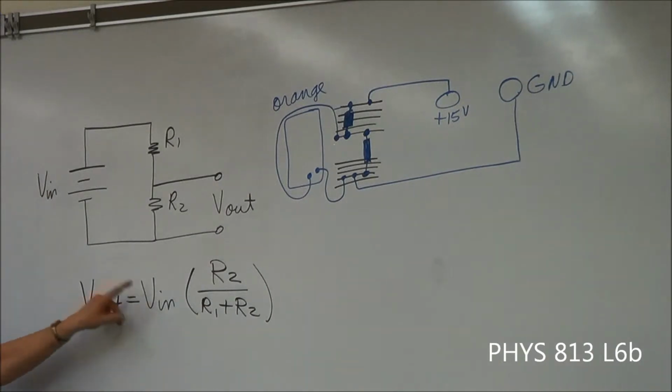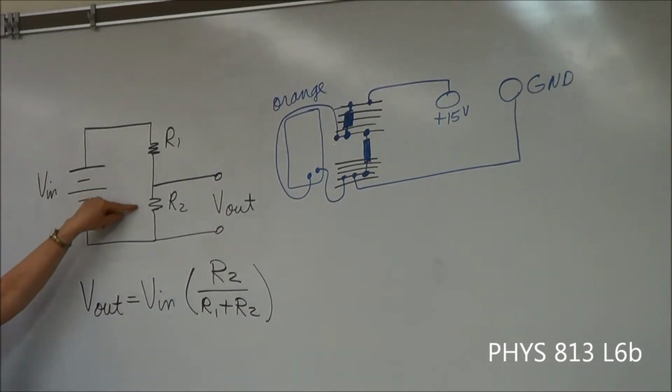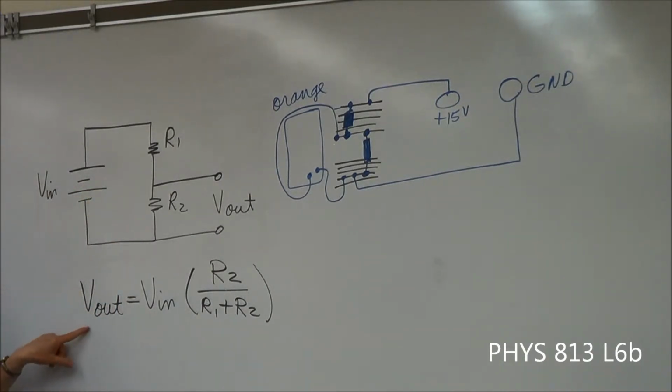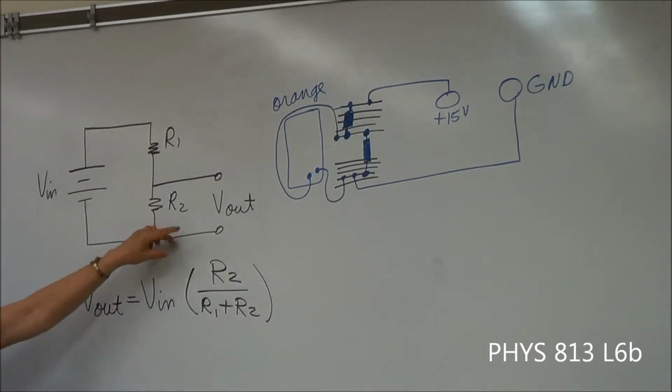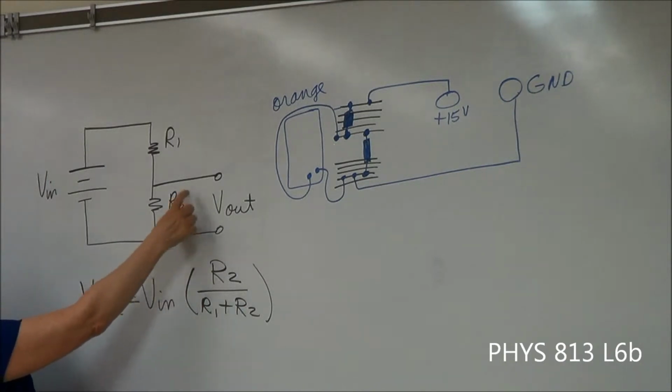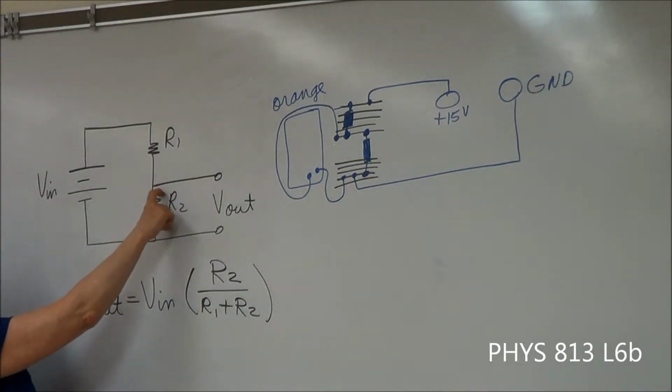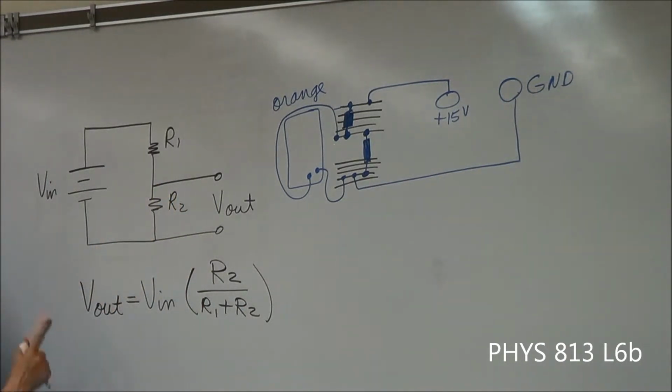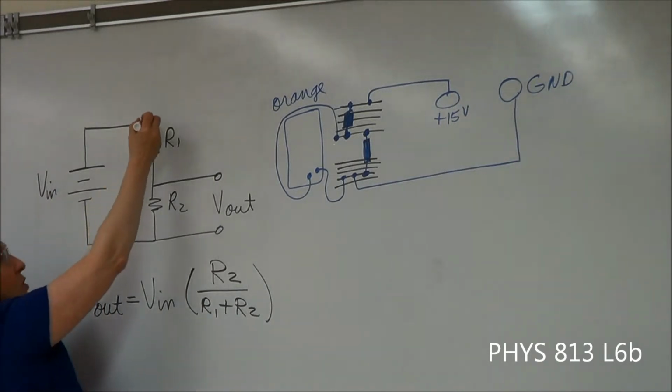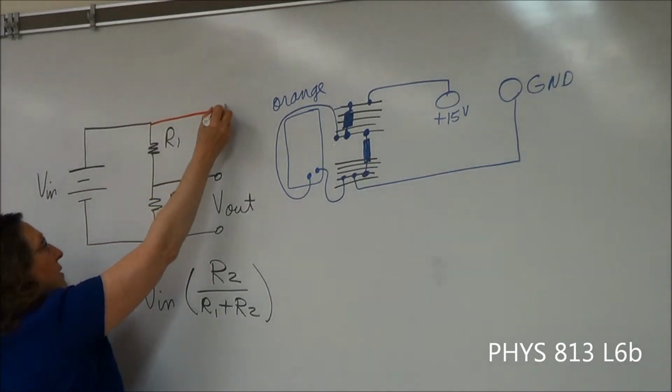So if you have a voltage here and then you know your two resistors, then you can calculate what you should get for voltage out. Now a little bit more about the theory, maybe let me do this in red. Okay, this is all in black. There's nothing that says you have to have the voltage across the R that's called R2. You could measure voltage across R1.